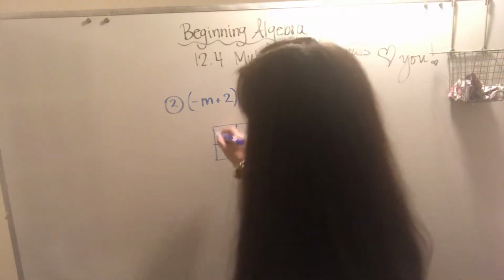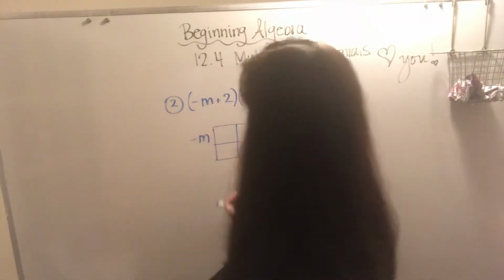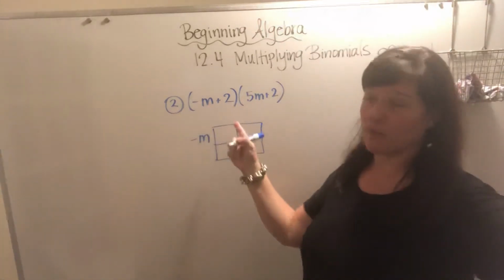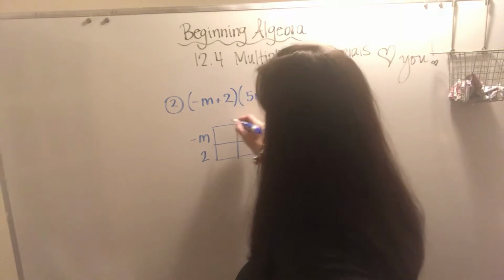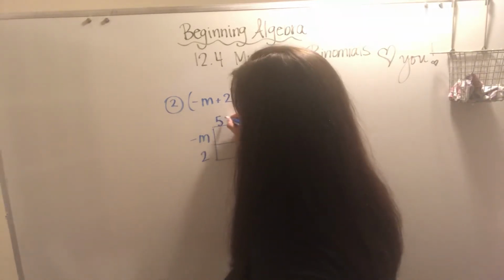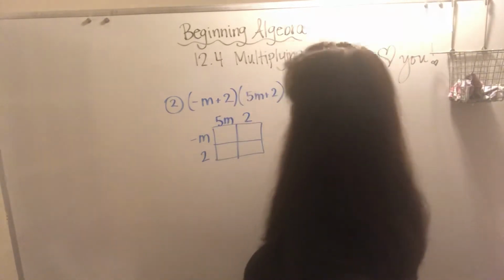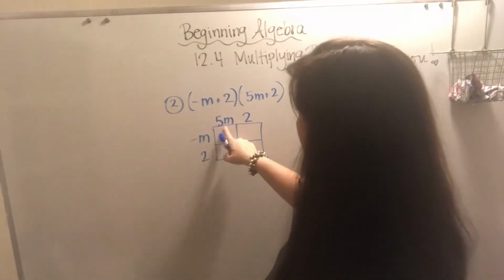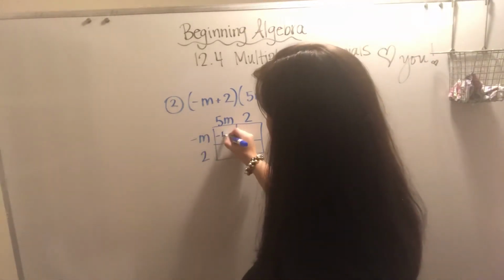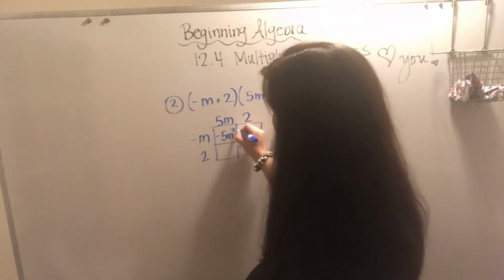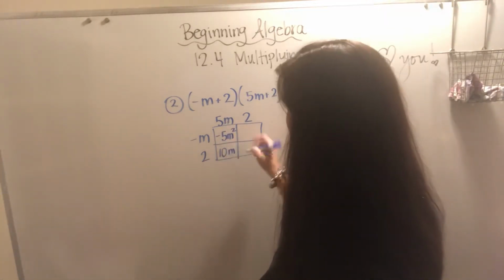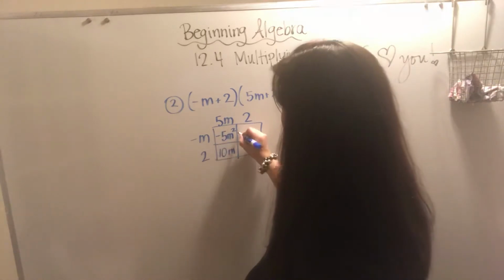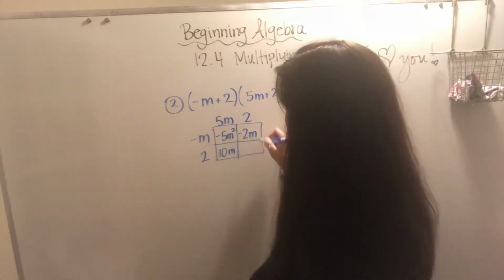Okay, my first term, my first binomial, 2 terms, right? Negative m and 2. And my second binomial goes across the top, 5m and 2. 5m times negative m is negative 5m squared. 5m times 2, 10m. 2 times negative m, negative 2m. 2 times 2, 4.